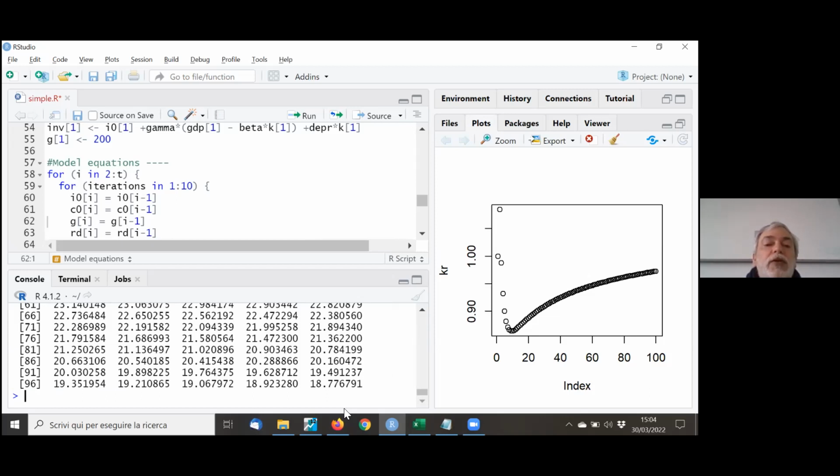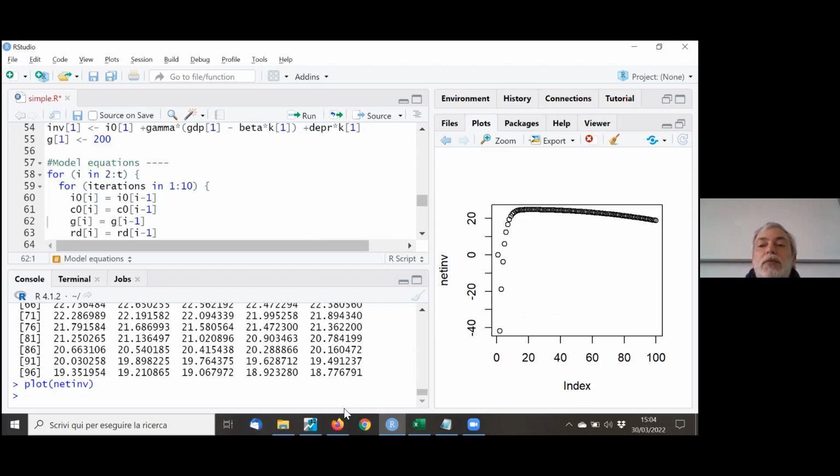And this is going slowly towards 0. But very slowly, still very far from 0. Now the model should go to steady state when this goes to 0. We can try with 1,000 rounds and see what happens.